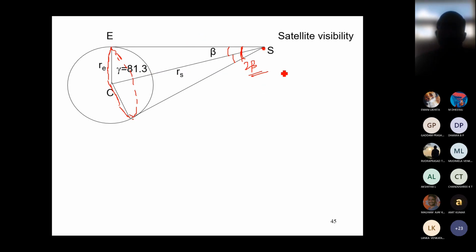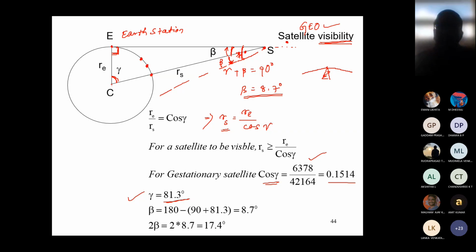Okay, and we consider this particular satellite as a geostationary satellite. Our discussion and findings are particularly based on the geostationary satellite. Why? Because if you note here, the orbital height we have considered is 42,000.